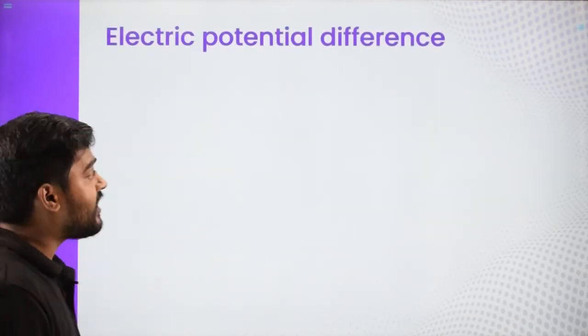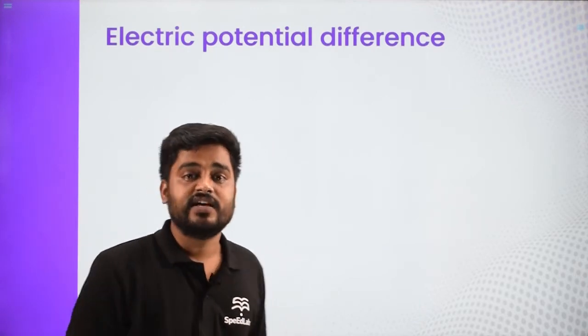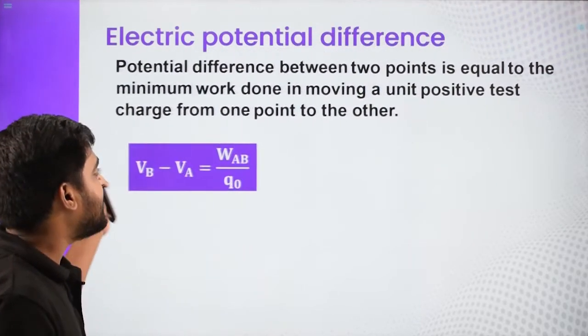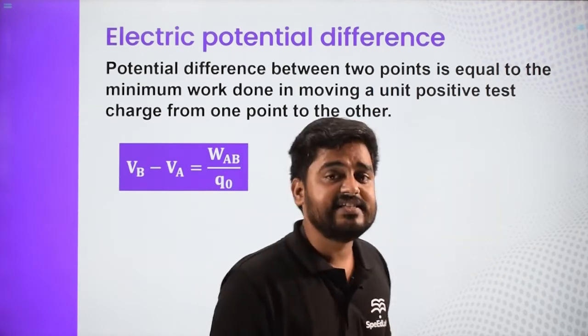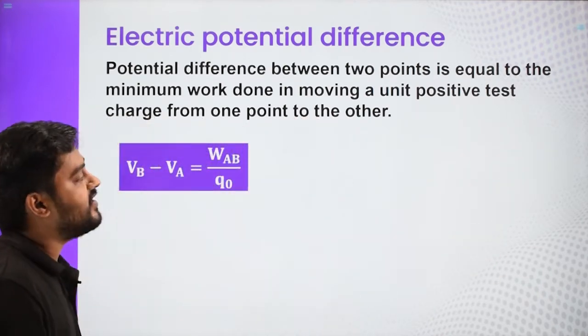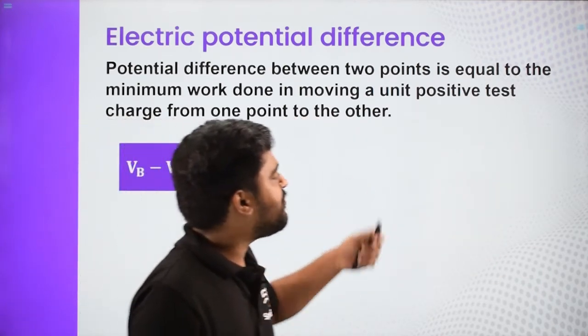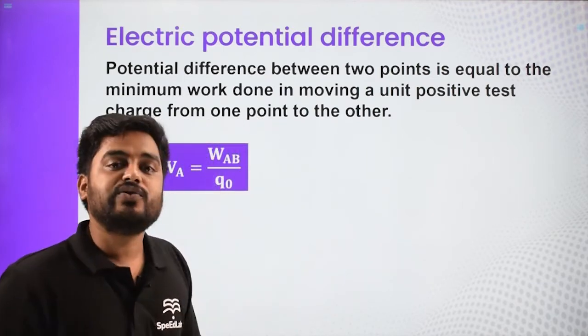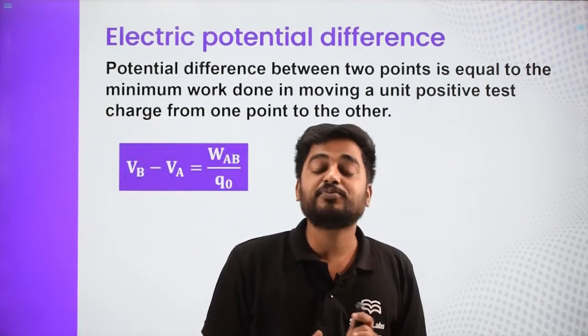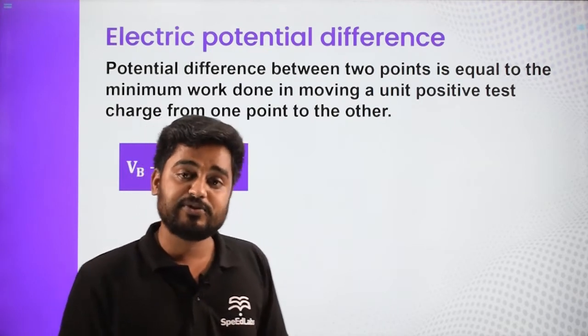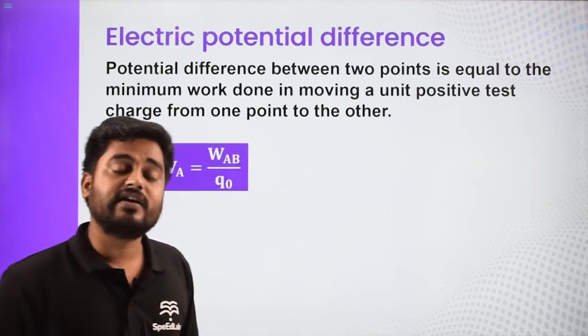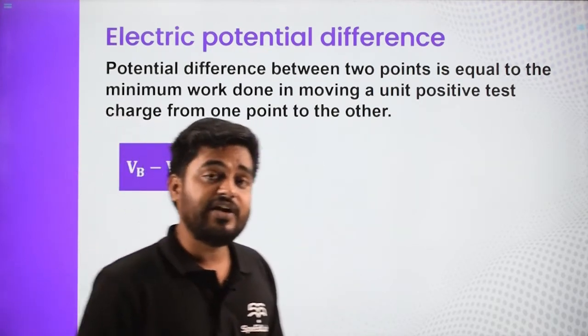Now next is potential difference. So what is potential difference? Potential difference between 2 points is equal to the minimum work done in moving a unit positive test charge from one point to the other. Previously we defined absolute potential, and for defining absolute potential we needed to take a reference point, and that reference point was infinity.